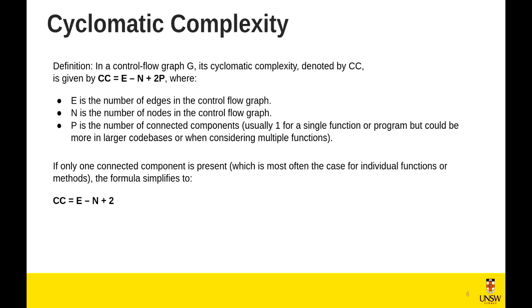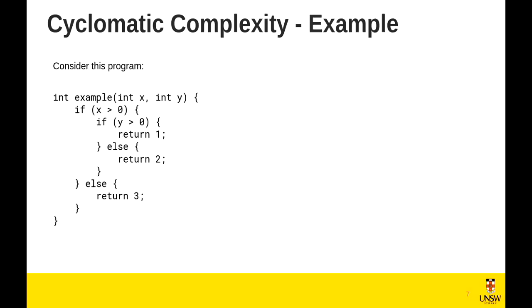We can see that the number of edges has a positive effect on the cyclomatic complexity, and the number of nodes has a negative effect. For unit level calculation, we often use this formula, so we don't consider cases with multiple sub-components. It's actually a pretty simple concept.